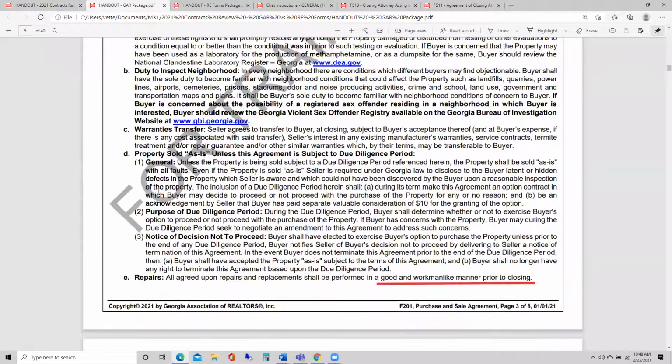Property sold as is unless this agreement is subject to due diligence. Due diligence is the right for the buyer to terminate a contract for any or no reason, and to do so within that time frame by sending notice to the seller, under no penalty.